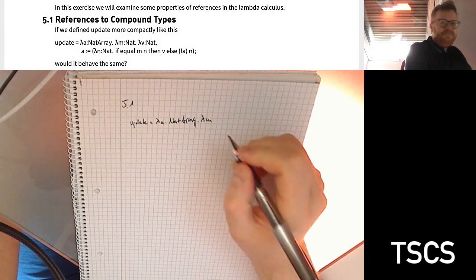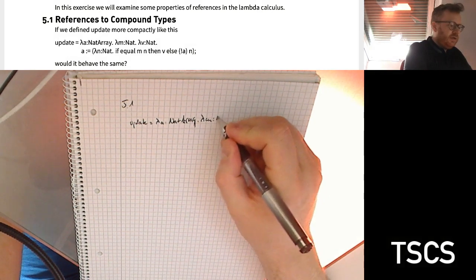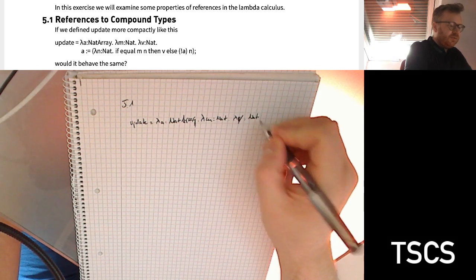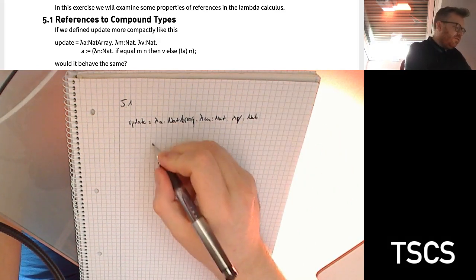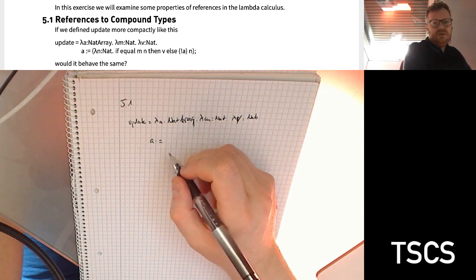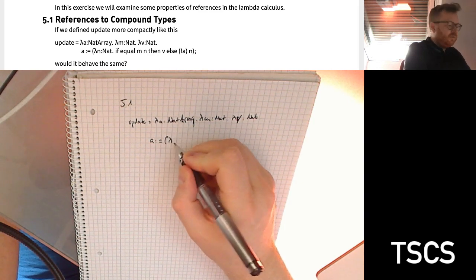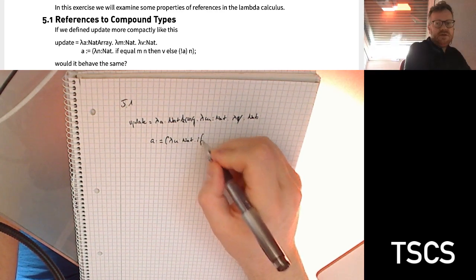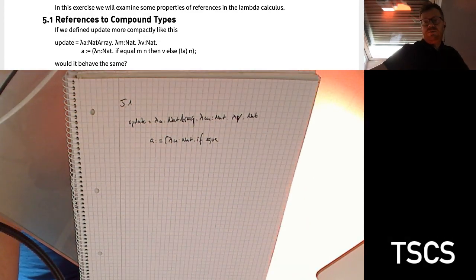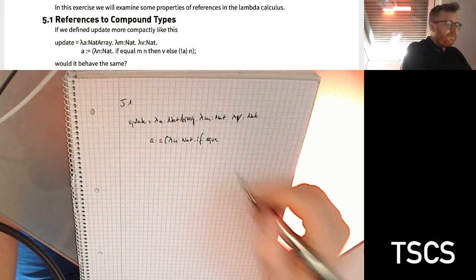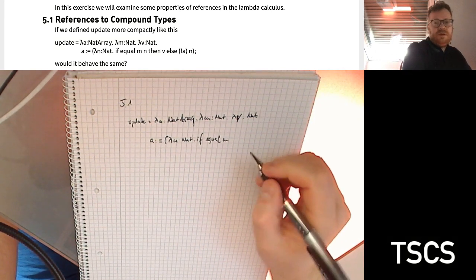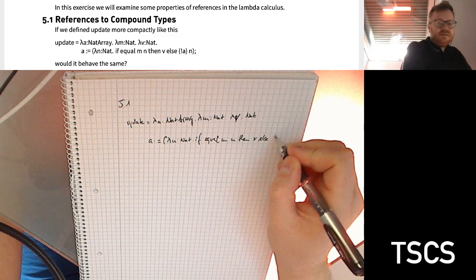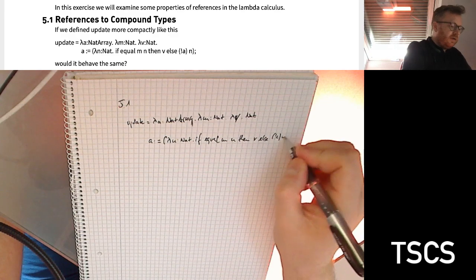Lambda m would be the index of the thing to be updated, and lambda v would be the natural number of the value to update it to, and the body of this would be a reference update of a, setting it to lambda n not if equal m, n, then v, else dereference a, n.